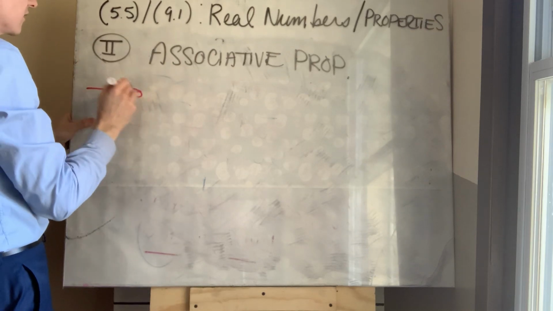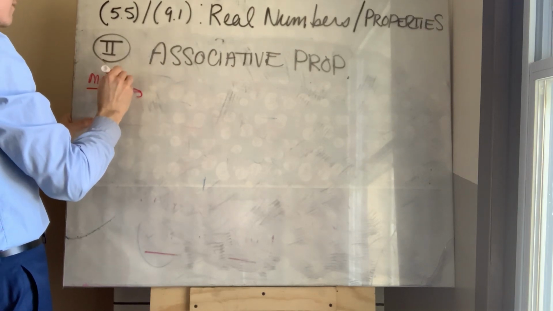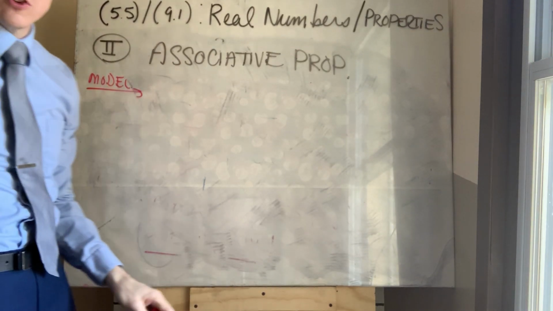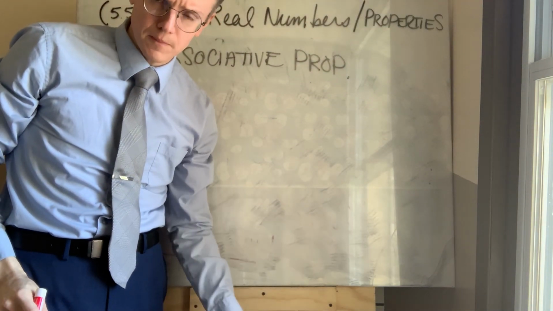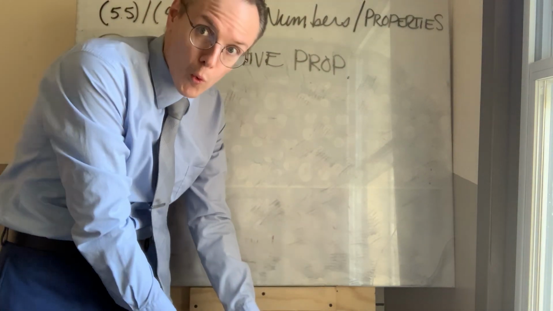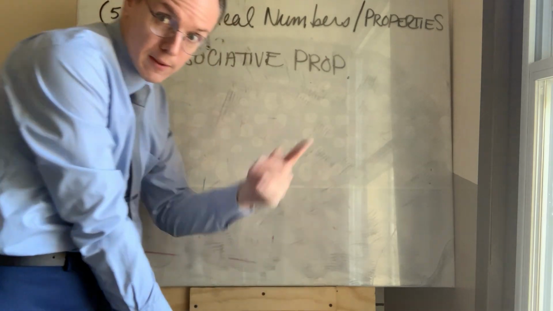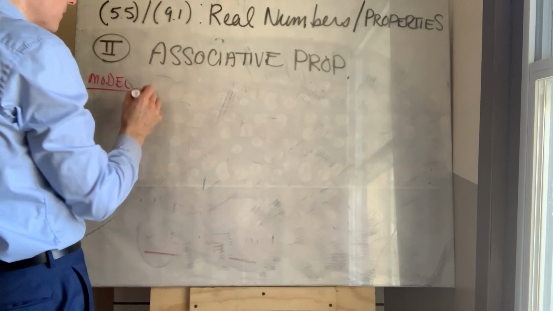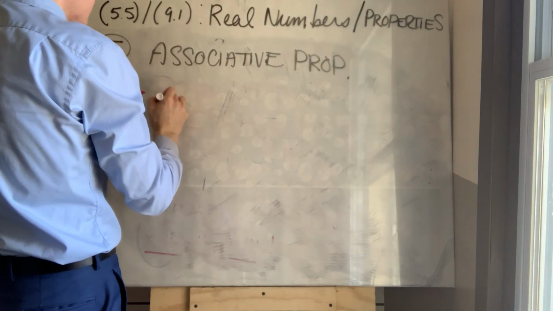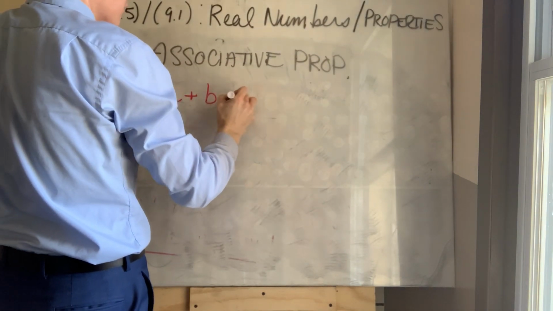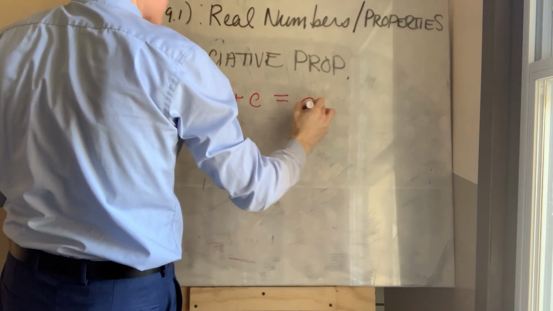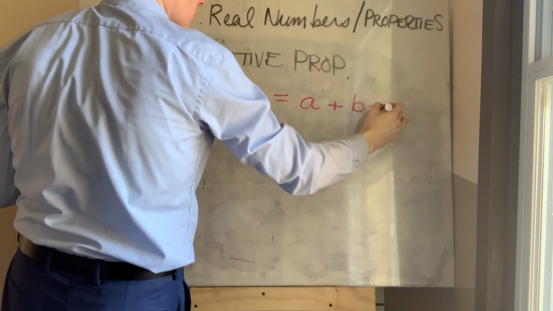The model looks like this. Whenever you see models in math, they use a lot of times, I shouldn't say always, but often, lowercase letters. So A, B, C. A plus B plus C. 3 things rather than just 2.